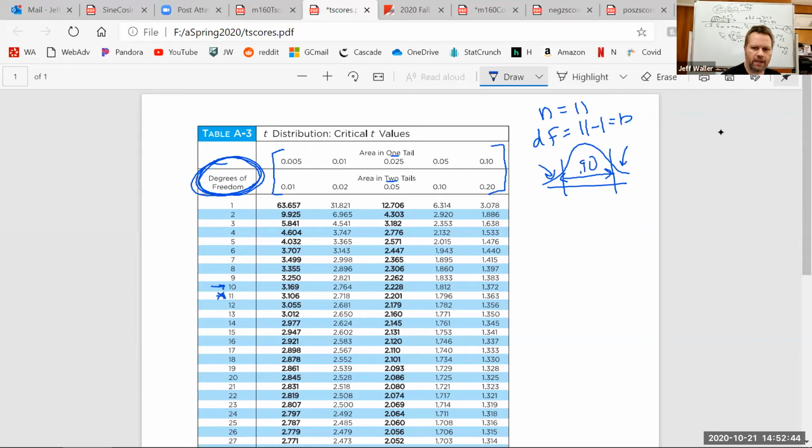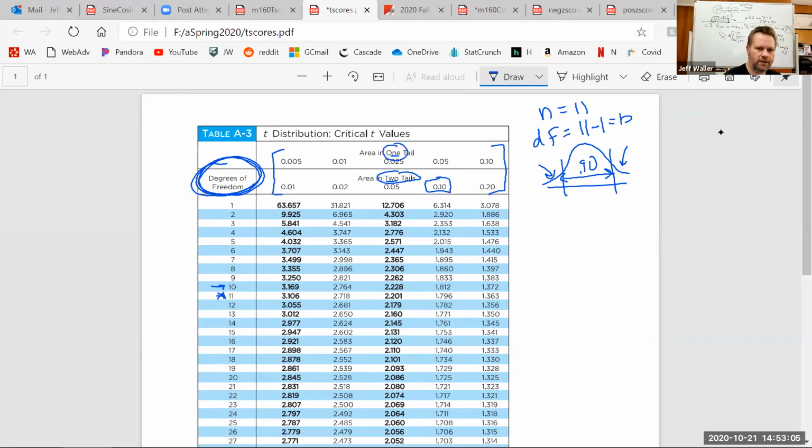Do you see why we call them tails? Because they look like tails. So what area is in the 2 tails? 0.05, that's in 1 tail. In 2 tails, there's 0.10. 10%. So in 2 tails, there's 10%.